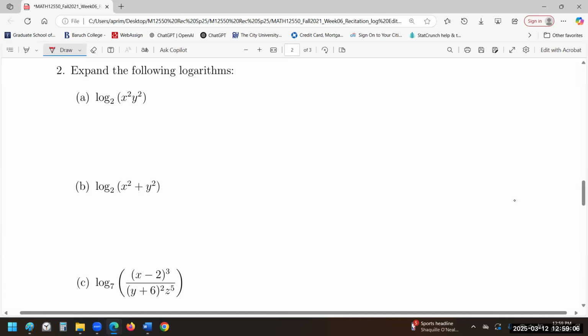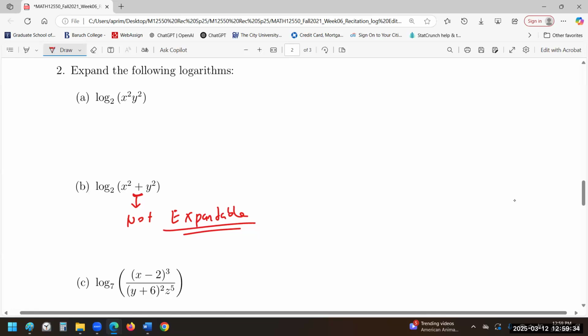Why not? Because of the plus sign. There is no rule for plus or minus in your argument. All the rules you have for logarithms are for multiplication, division, or exponent. But here they have a plus. It means it's not expandable.